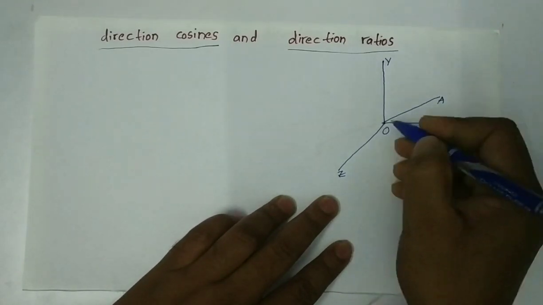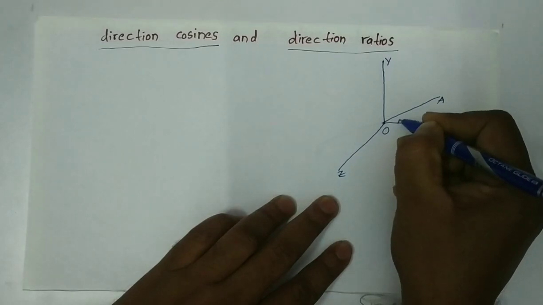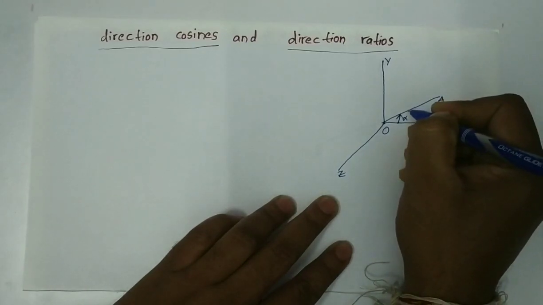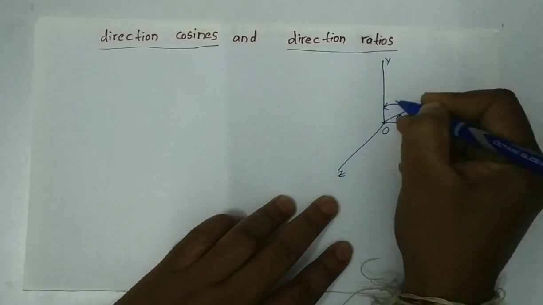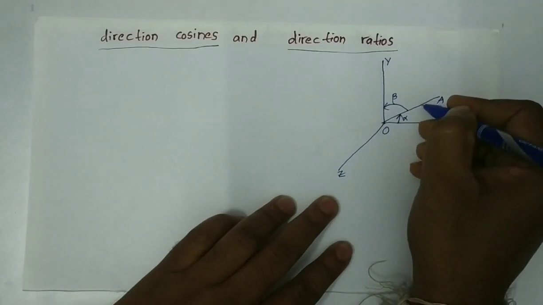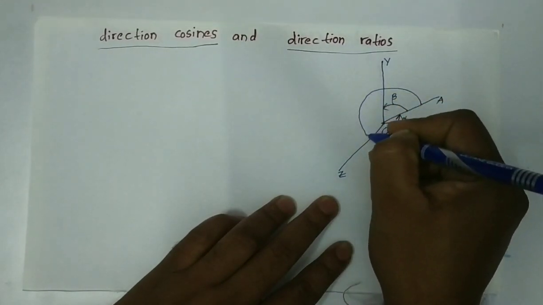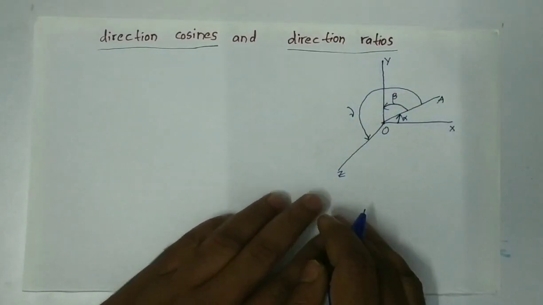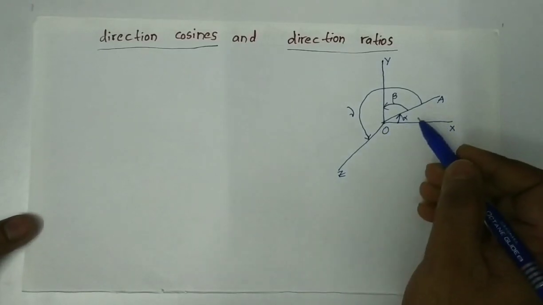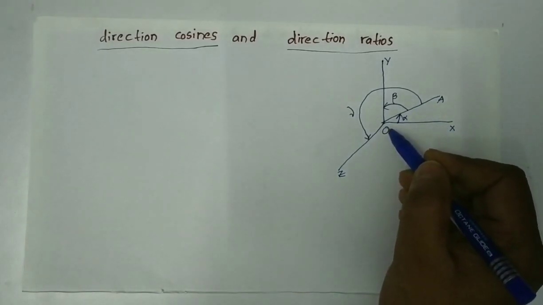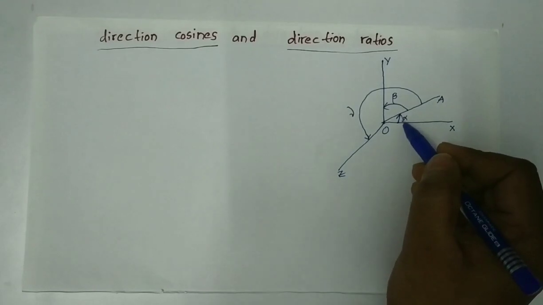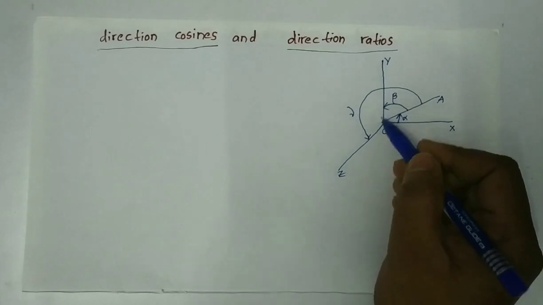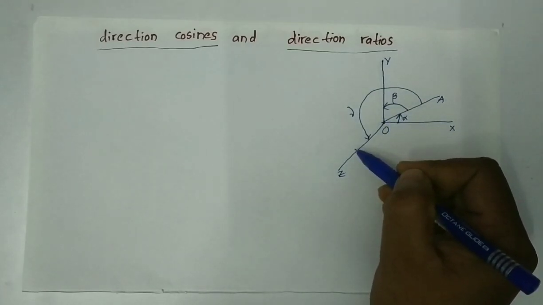That means this line OA makes an angle alpha with the positive x-axis, beta with the positive y-axis, and gamma with the positive z-axis.